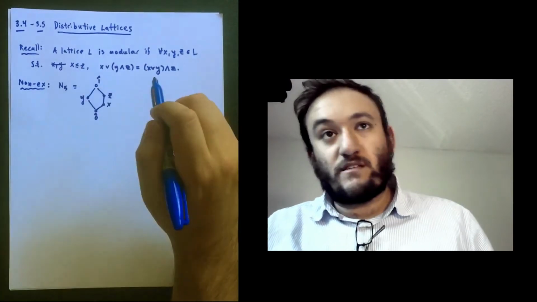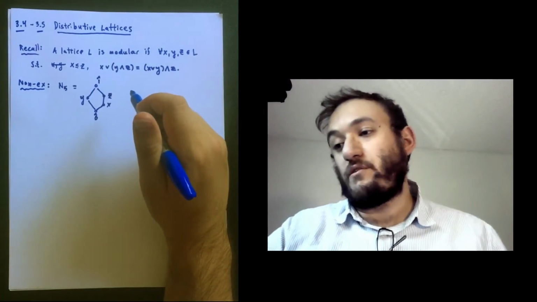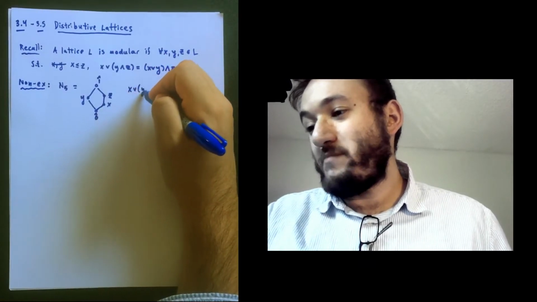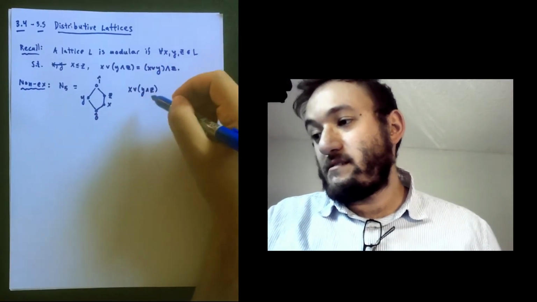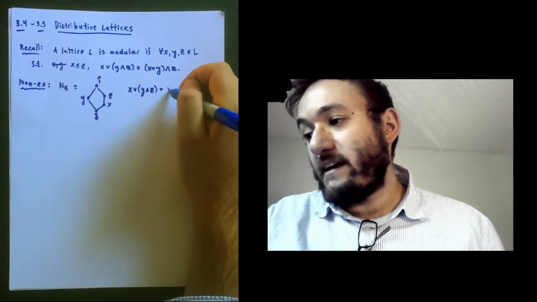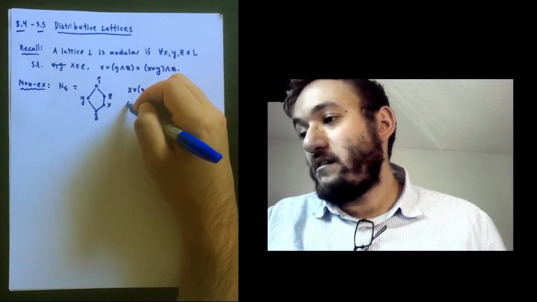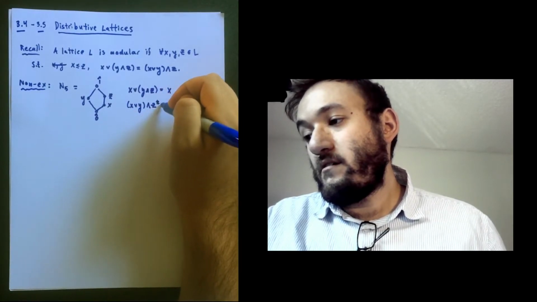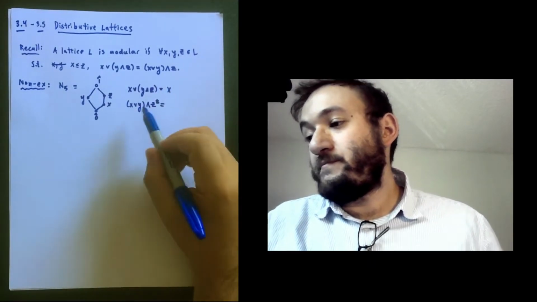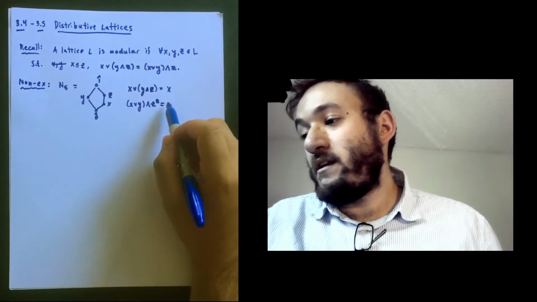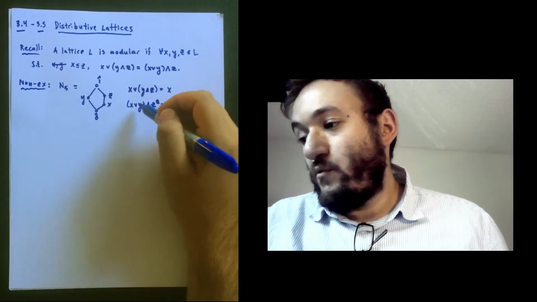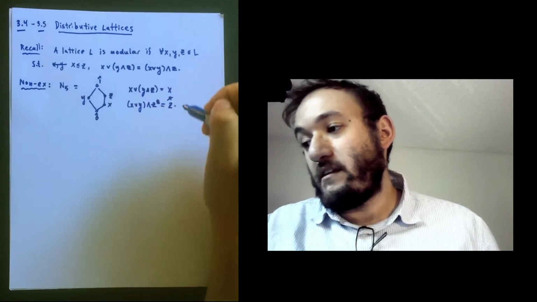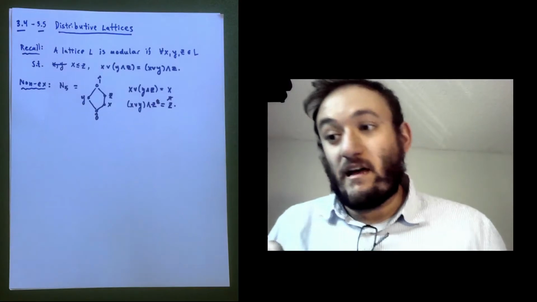Okay, so it satisfies the requirement that we set x is less than or equal to z, and if we take x join y meet z, that's x join 0, which is just x, whereas if we take x join y meet z, that's equal to, well, x join y is 1, and 1 meet z is z. So clearly these two things are not equal, which means that the lattice is not modular.